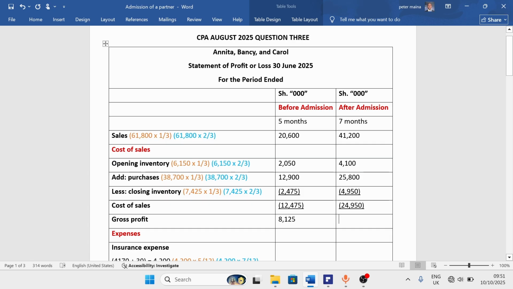For the second period after admission, you take the sales figure 41,200, you deduct the cost of sales 24,950. So the gross profit will be 16,250. So now we are done with the first part.